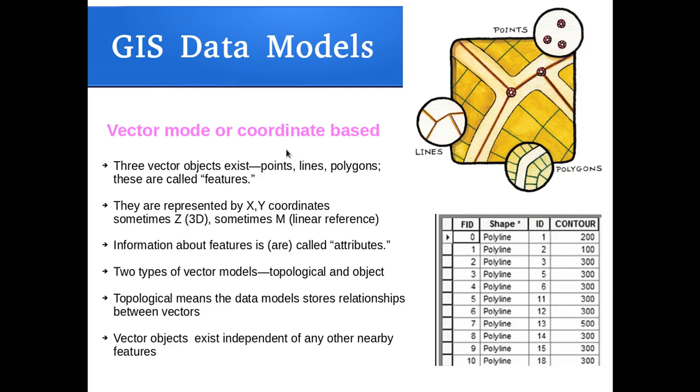As I was explaining, there are two different types of data that a geographical information system uses in order to model real-world objects. Those are the vector mode, or coordinate-based data structure, which uses vectors that store points, lines, and polygons that are called features.